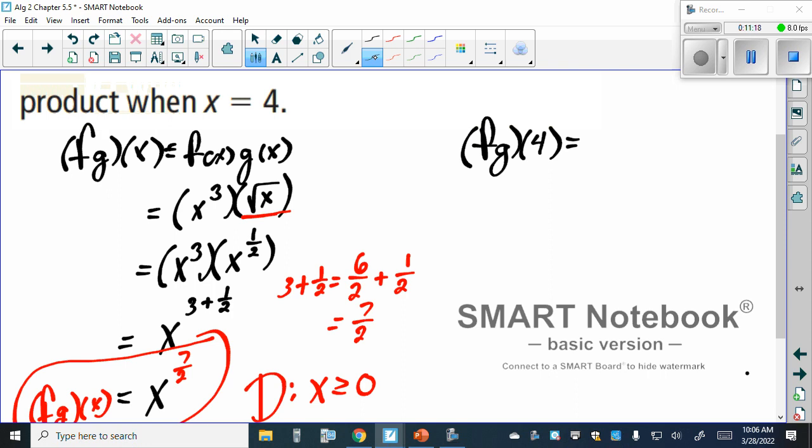All right, well, let's look at the last part of this, because we're trying to find f times g of 4. We're just plugging 4 in. Now we can plug this into the calculator, 4 to the 7/2, and hit enter.